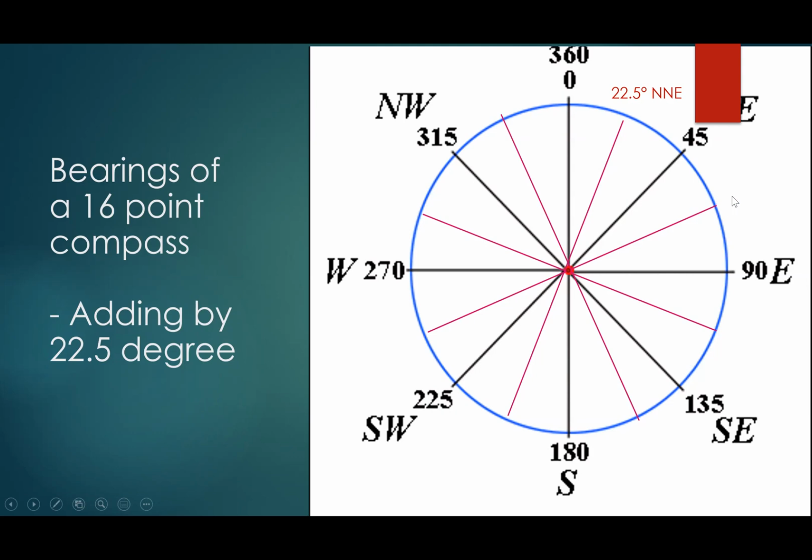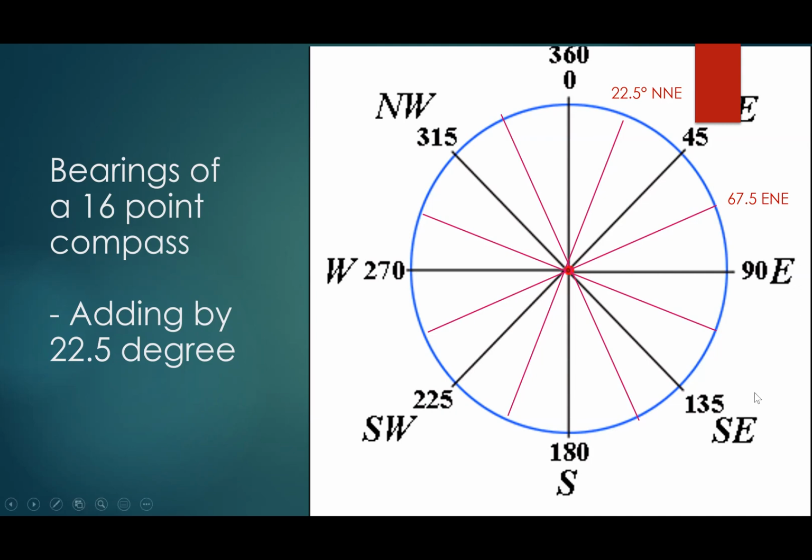We are going to put east, northeast right there. So what is the bearing of east, northeast? 67.5. We're adding, remember, 22.5. So 67.5 plus 22.5 degrees will give us 90 degrees.